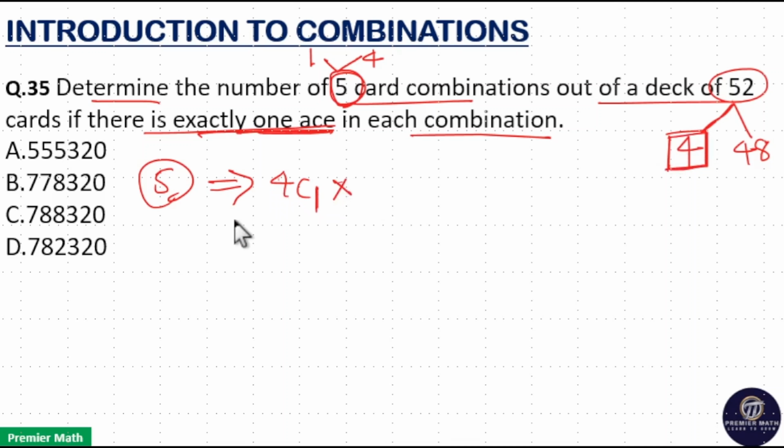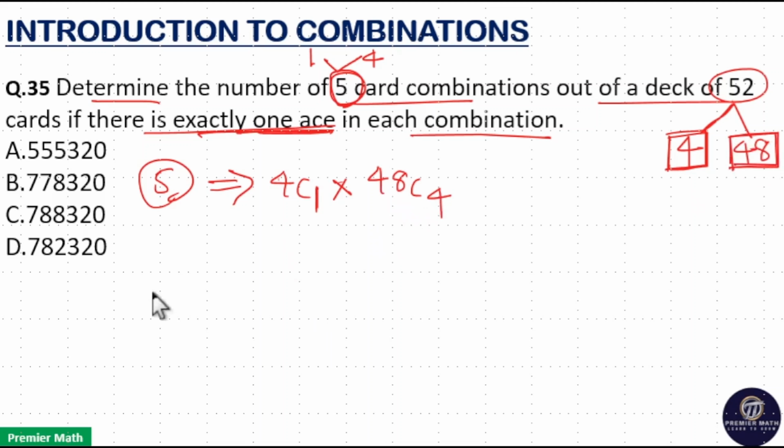Now remaining are 4 cards. So these 4 cards should be selected from these 48 cards in 48c4 ways.